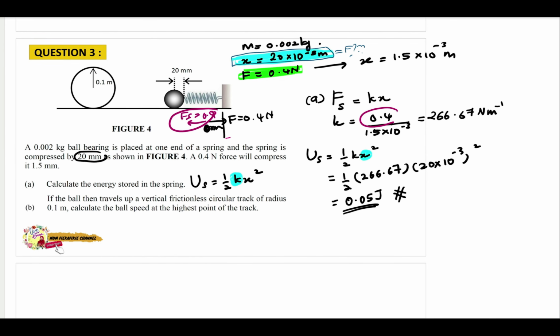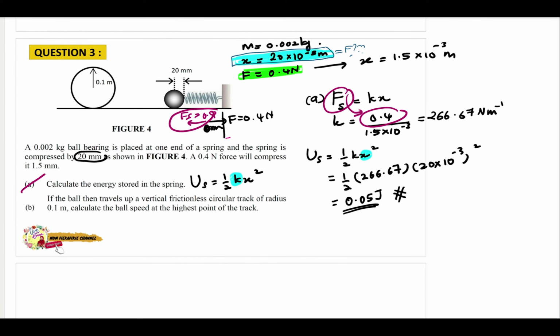That's why dekat sini the restoring force dia kita masukkan 0.4 Newton. Dia kata 0.4 Newton tu adalah force yang digunakan untuk kompreskan spring tersebut, dan itu juga nilai untuk restoring force, untuk spring itu kembali kepada bentuk asal dia. Untuk dia restore balik. Kan? Sebab tu nama dia restoring force. Okay. So finish A.